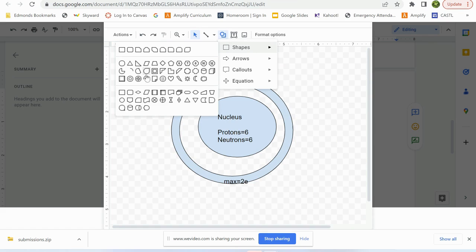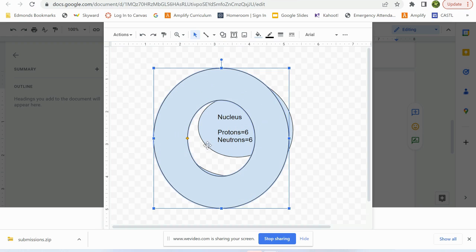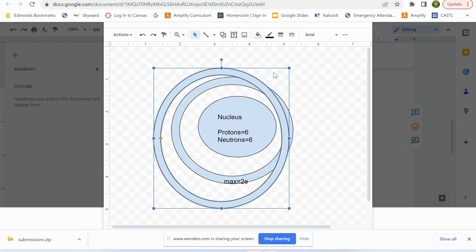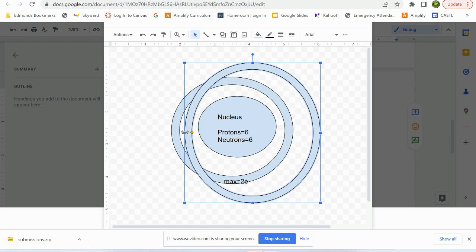Another shell. I'll draw another shell because you guys are going to be drawing this. I'll make this narrower and move this shell over.